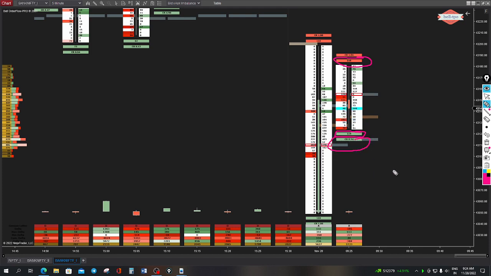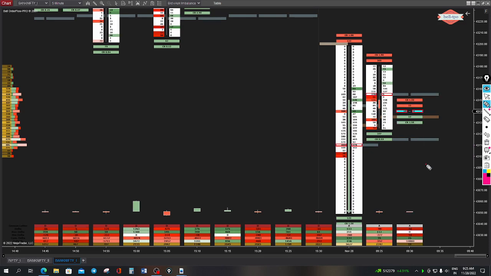We are looking for a big ratio where buyers and sellers should be like 1:10 or 1:8, like that. Only after that we can trade.